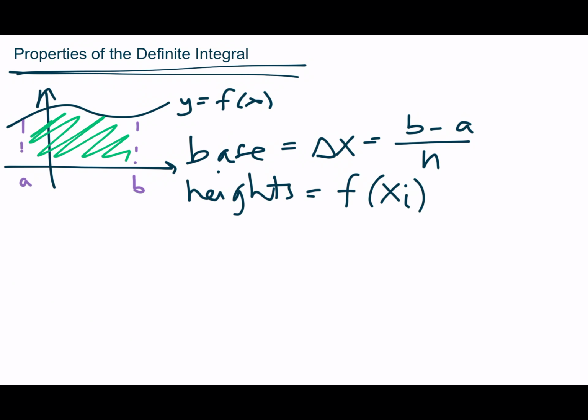And we multiplied them, and we added them up, and we did infinitely many of them. We said let the number of rectangles approach infinity. And that ended up giving us our adorable little Riemann sum and then our definite integral, right? So our integral was the integral from a to b of f of x dx. So it's important to have that as a baseline when you're talking about properties.